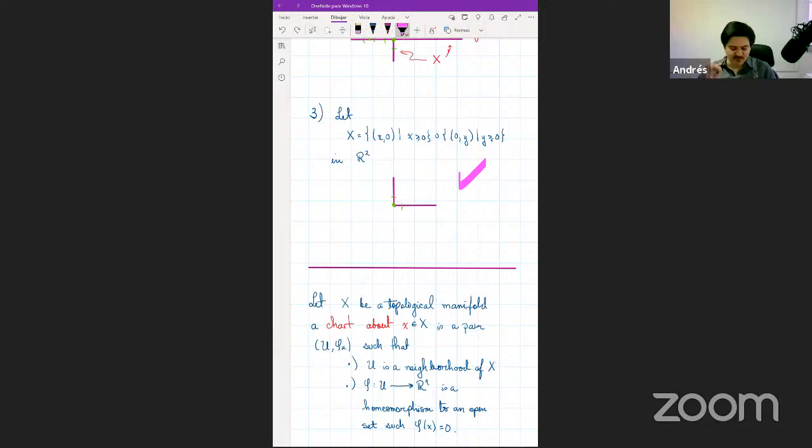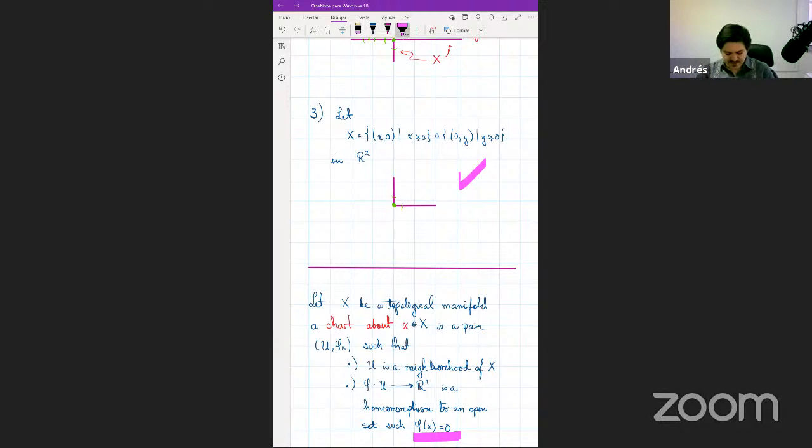And remember, from now on, X is going to be a topological space, second countable, Hausdorff, and locally Euclidean. So I'm putting a name to this. This is something optional. Sometimes we will use it, sometimes it will not be important. It's just like a normalization condition. X goes to the origin.